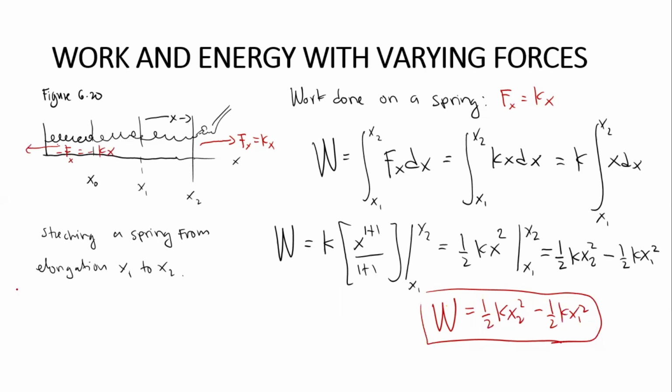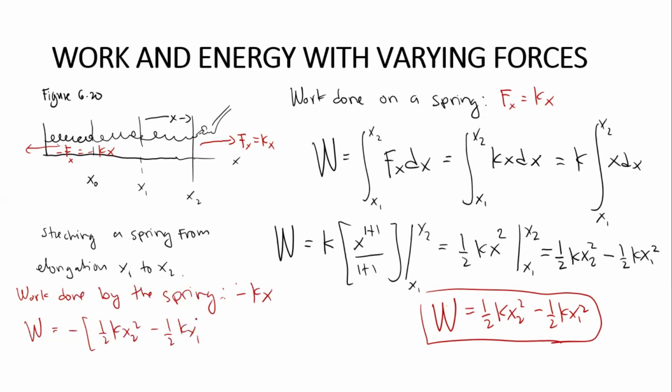If you want to find the work done by the spring, we use the force equal to negative kx. So this is equal to the negative of 1/2 k x2 squared minus 1/2 k x1 squared.